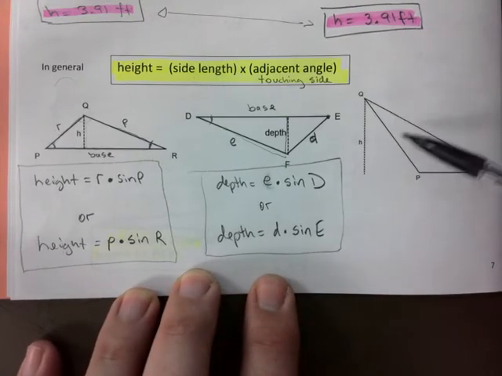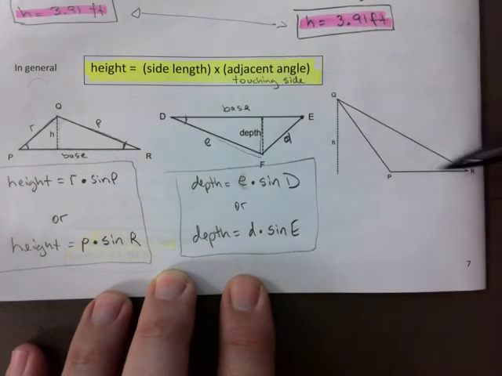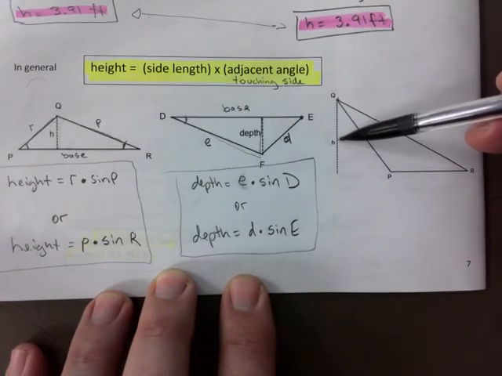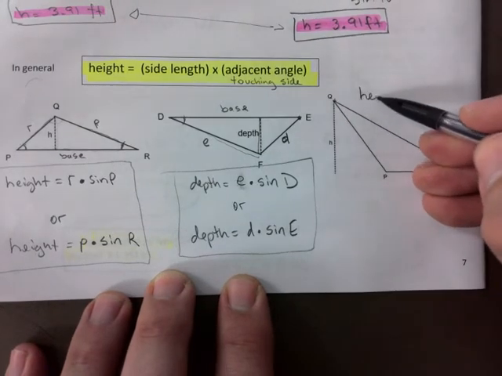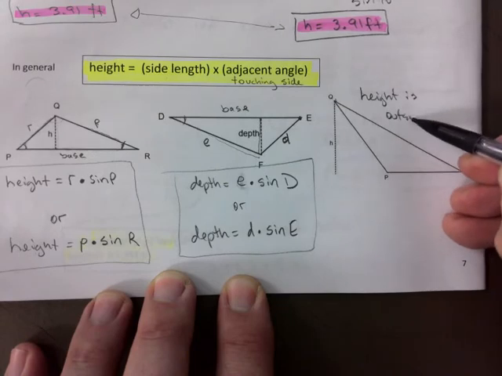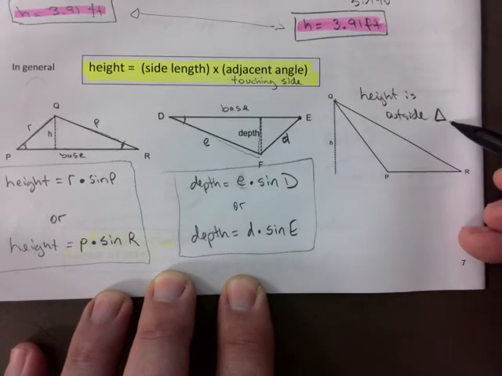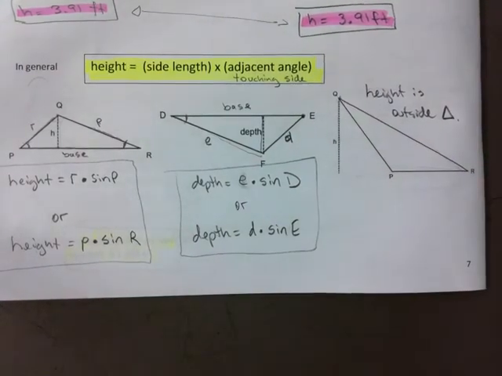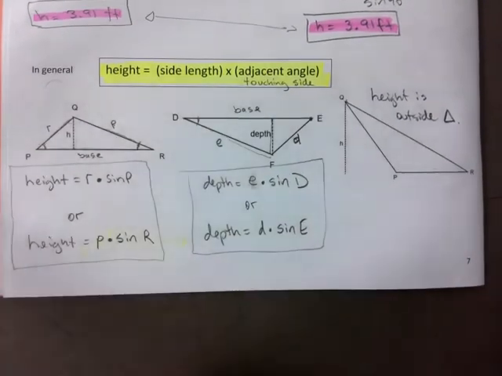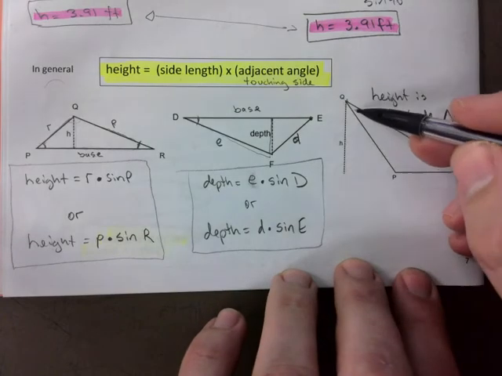And what about this one? This is the triangle, and if you wanted to find the height of this triangle, the height is outside, right? Height is outside the triangle, okay? It happens. It does happen with an obtuse triangle. That's going to be the case, but you still approach it the same way.